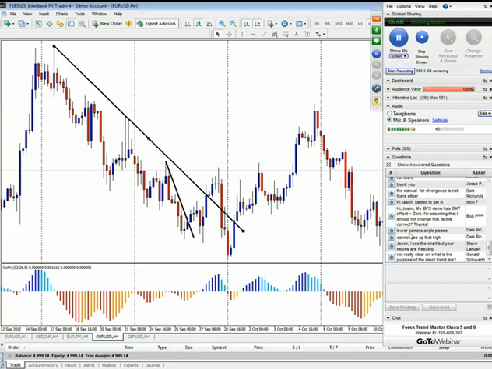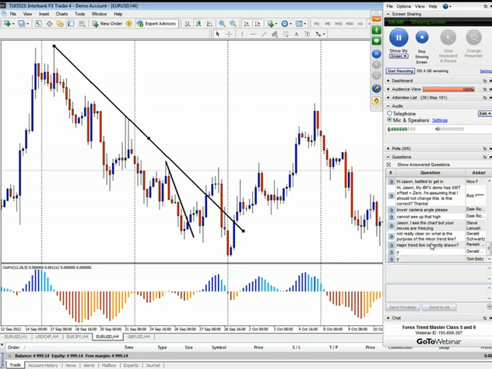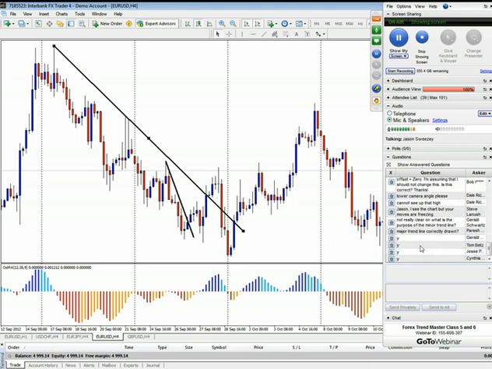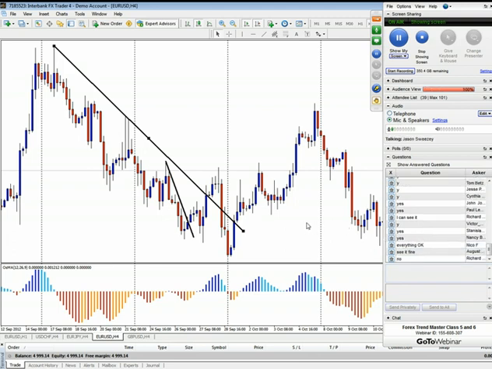Can people see my screen or no? The moves are freezing, but everybody sees the screen perfect. Okay. But you say some of the moves are freezing? Everything's okay. Everything's okay.